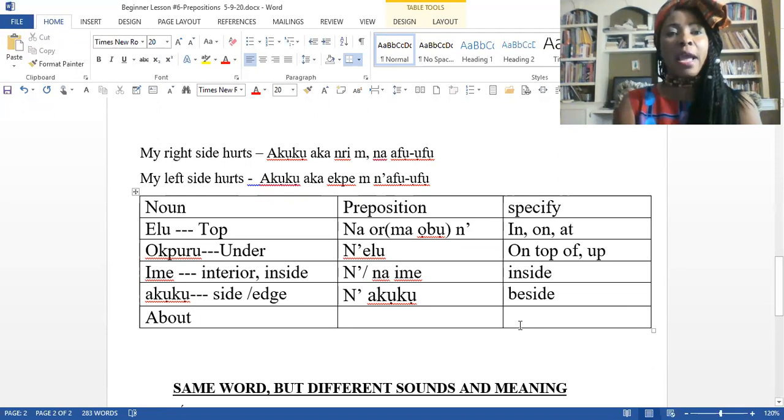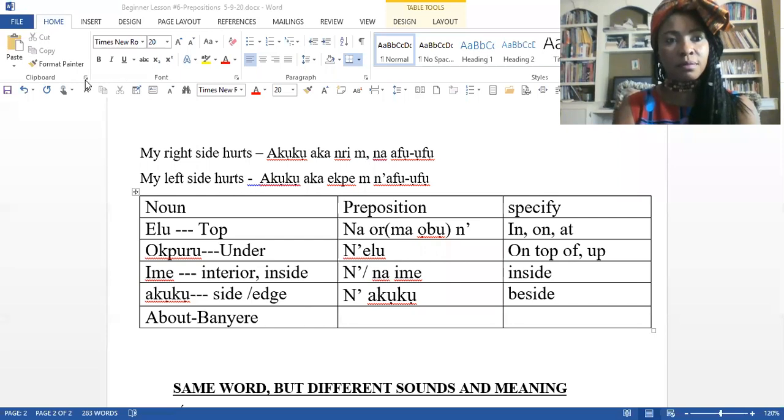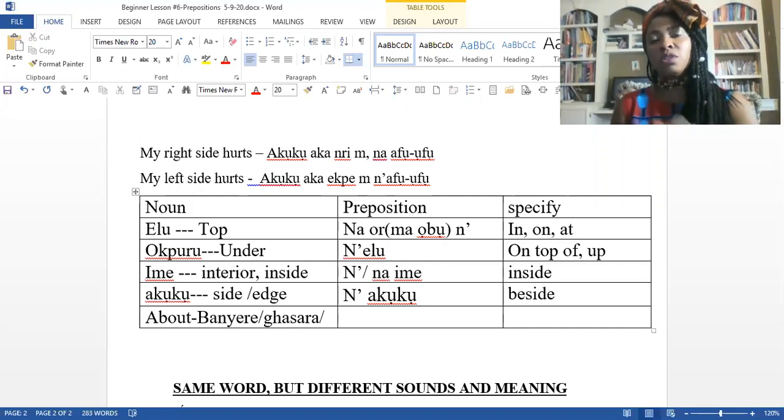You can say about means banyere, or you can also say gbasara, or deka, when you're trying to say something thereabout, like about 20 people and so on.